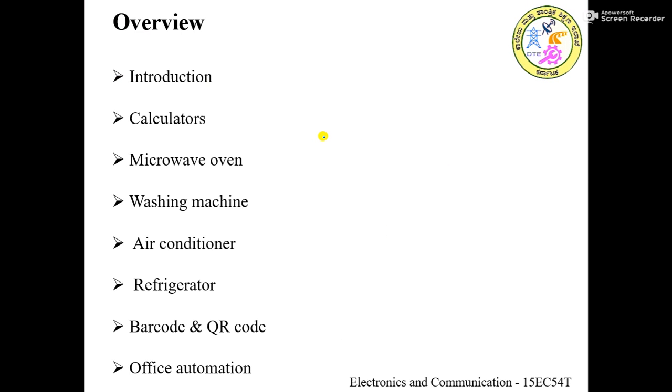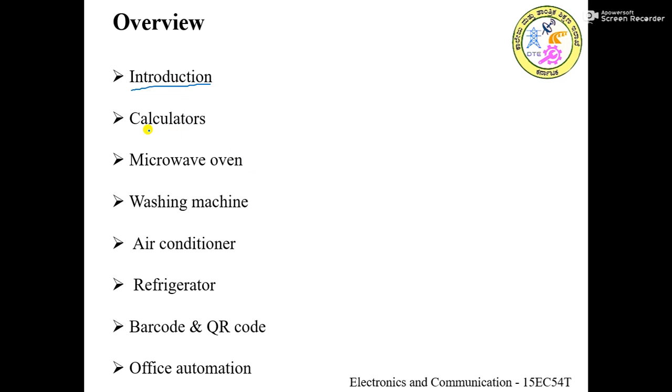So, in this chapter, we will be introducing the concept of consumer electronic devices. Then, among them, for your syllabus, we will be discussing the various types of consumer electronic devices which are introduced in your curriculum.